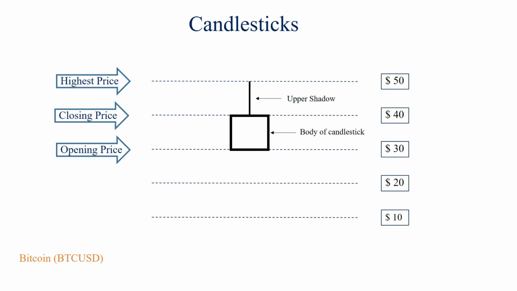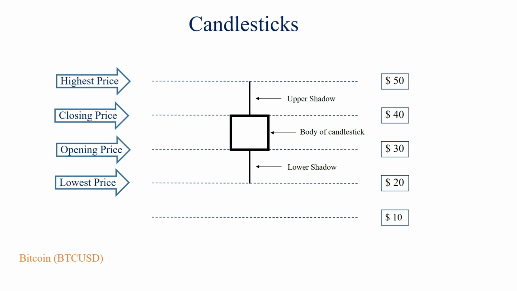And also, if the price of trade on that day was lower than the opening price, we call it the lowest price, and we illustrate it with a lower shadow.